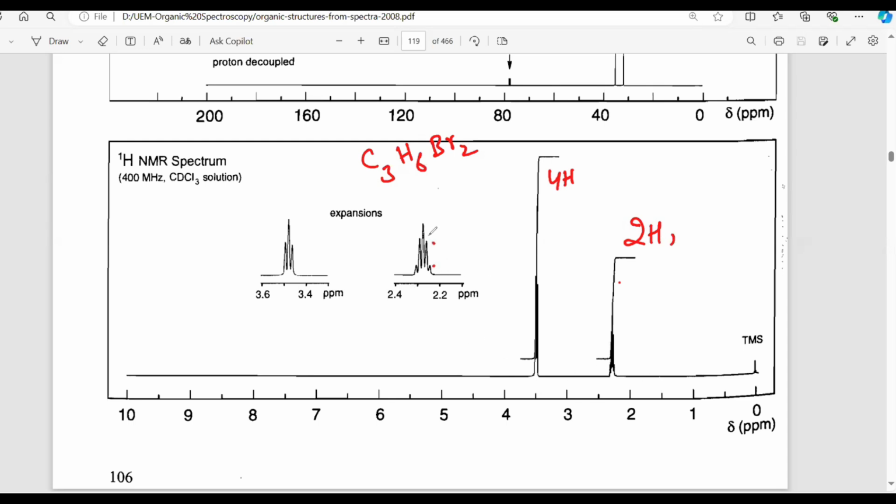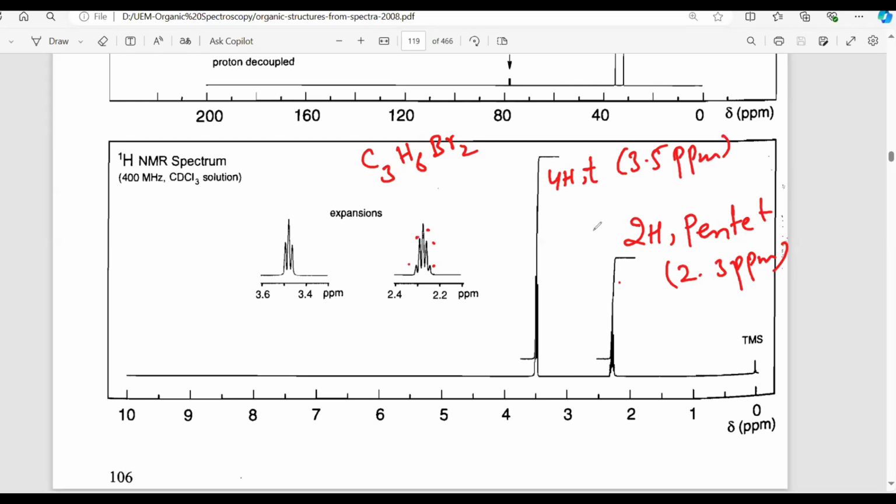You are getting 1, 2, 3, 4, 5 lines, so we are getting a 2 proton pentet at roughly 2.3 ppm. And we are getting a 4 proton triplet at roughly 3.5 ppm. The 4 proton triplet has the higher chemical shift.